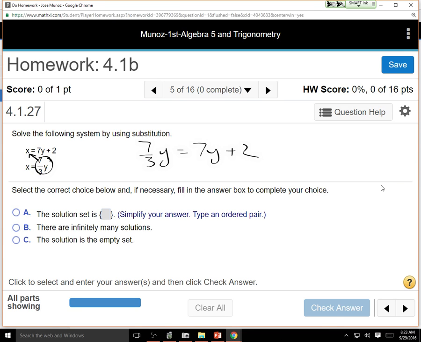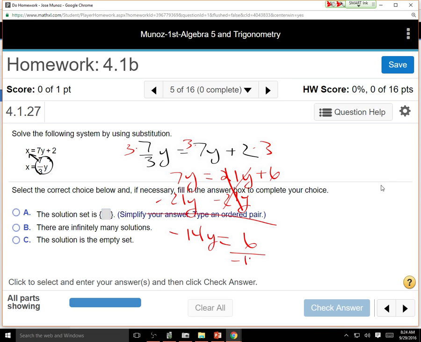You guys okay with working with the fractions, or you want me to get rid of them? Get rid of them? So I'm going to multiply everything by 3 then. So this will be times 3, times 3, times 3. That makes it 7y is equal to 21y plus 6. Subtract 21y. That's going to give you a 6 on this side, and what is it? Negative 14 on this side?